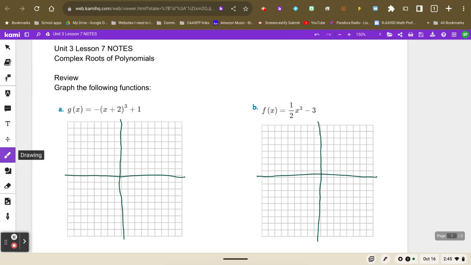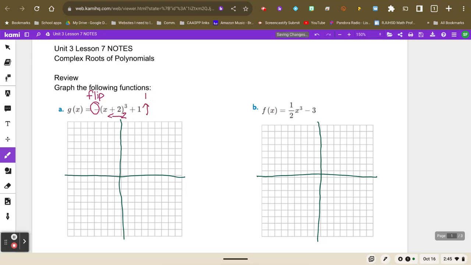So, very first thing, that negative right in the front, that's going to flip it. So instead of coming up on the right-hand side, it's going to go down on the right-hand side. This plus 2 means we're going to go to the left 2, and this plus 1 means we're going to go up 1.